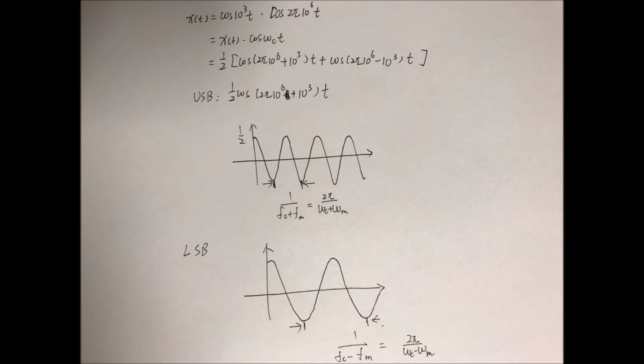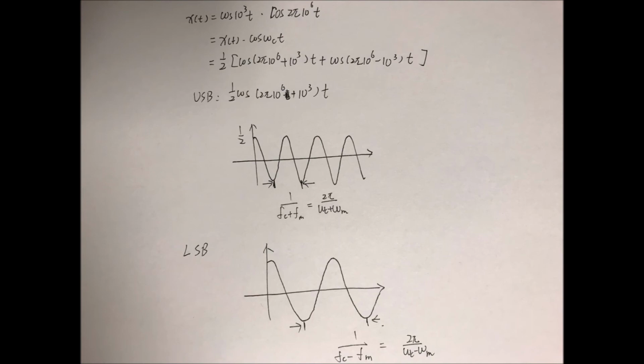I can just plot a sinusoid, right? Okay, the period for my upper sideband will be 1 over Fc plus Fm.